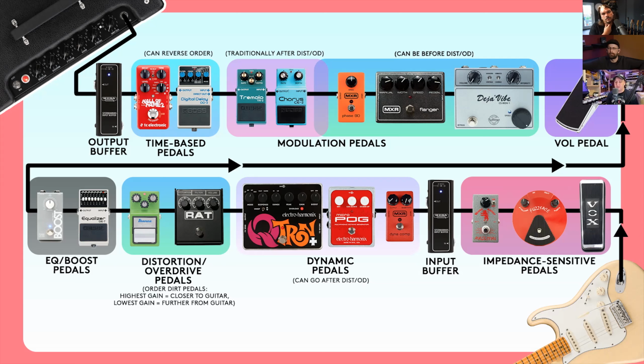Occasionally you'll get people that want to change up where the chorus is. It also depends on, and I know we haven't mentioned this, if they're going to be splitting out to do an effects loop, if they want those modulations hitting the front of the amp or in the effects loop. So it kind of just depends. But I would say this is really spot on for the order, personally.